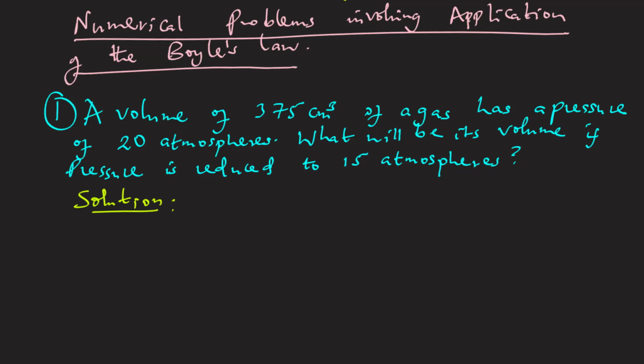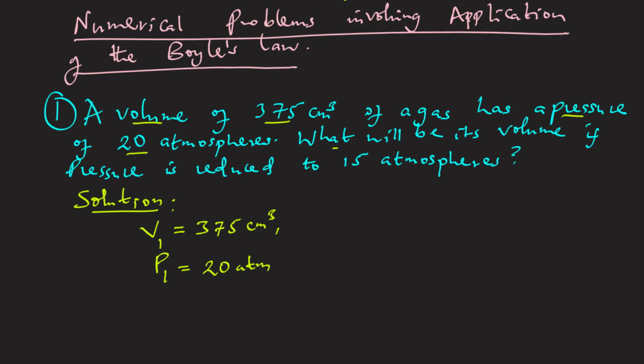So we can see that a volume of 375 cubic centimeters of a gas, that is our V1, equals 375 cubic centimeters, and then a gas pressure of 20 atmospheres, that is our P1, 20 atmospheres.